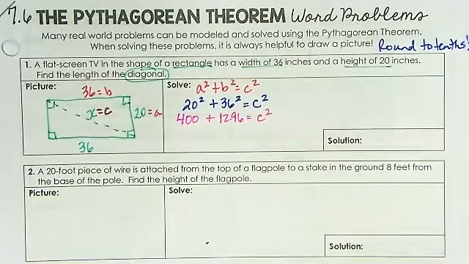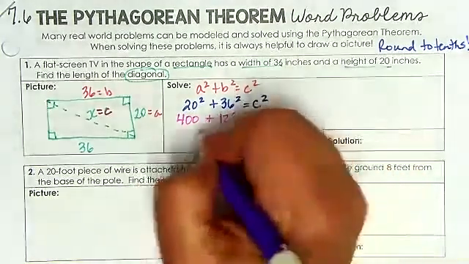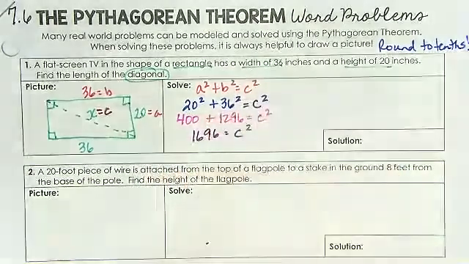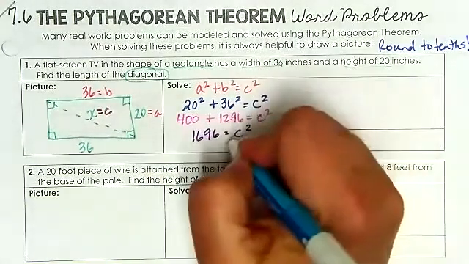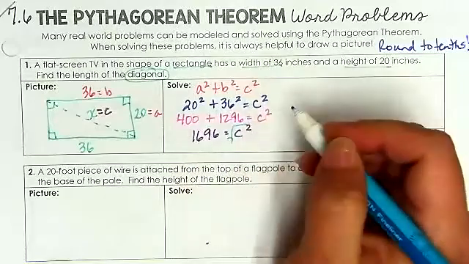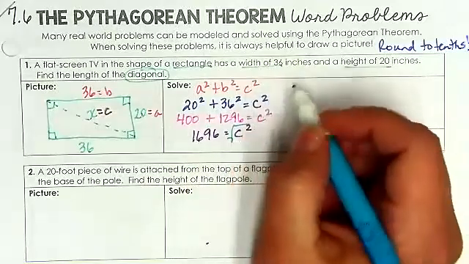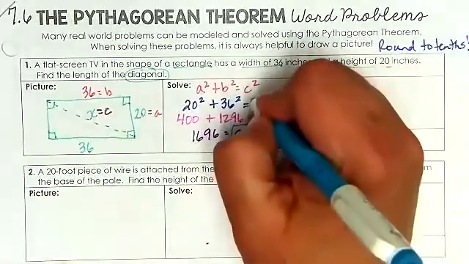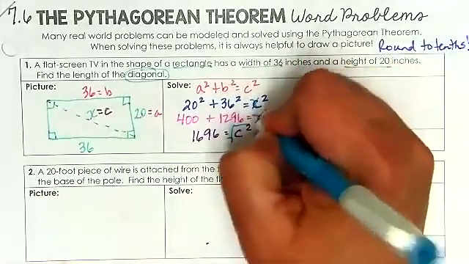Now we combine these two like terms, and that becomes 1696 equals C squared. And now we take the square root because I want to know what C equals. Oh, look, I left it as C squared instead of plugging in the X. You can do either one. So this is supposed to be X.